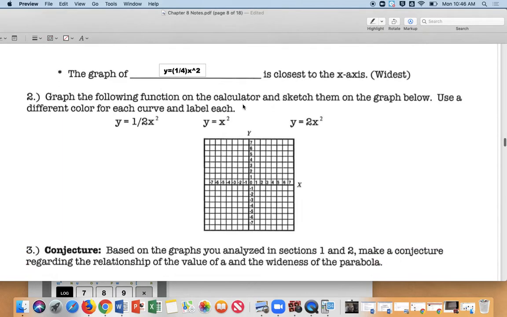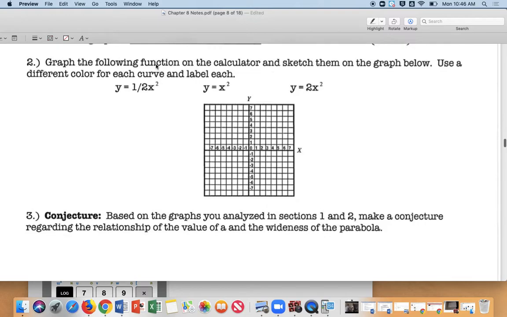Now I want you to do these on your own. Type it into your graphing calculator and plug it in. If you have different colors, it's going to help you out. When you do that, make a conjecture before doing the problem. See which one's going to be the widest and which one's going to be the narrowest.